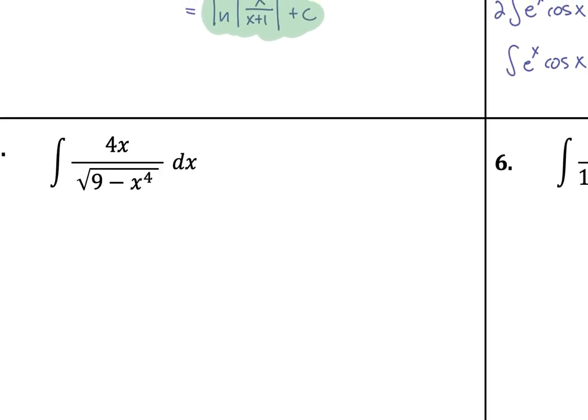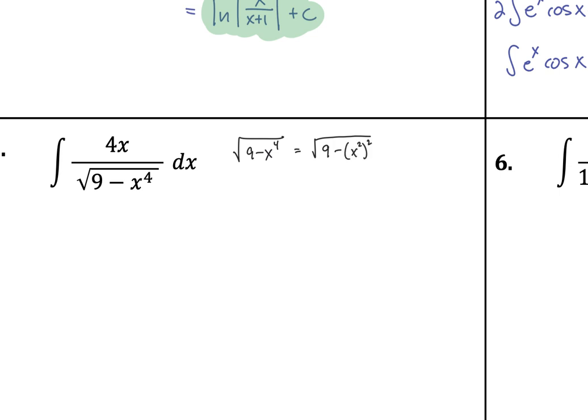So you have the square root of 9 minus x to the 4th. Okay, in order to be sine inverse, we need square root of 1 minus something squared. So we definitely need to pull out the 9. And then it has to be something squared also. So here, I'm going to do the squared first. So let's say we did square root of 9 minus x squared squared.